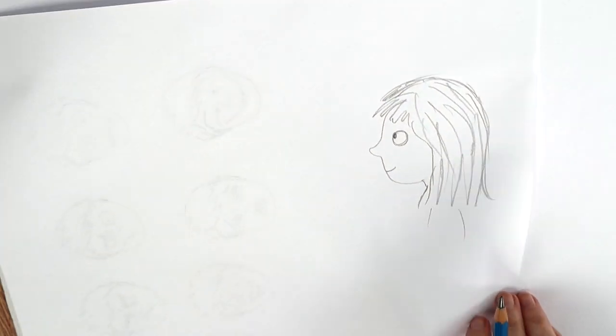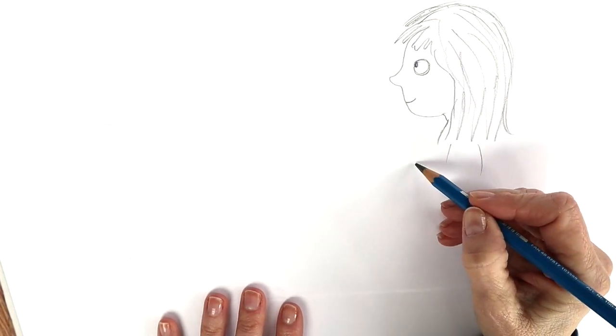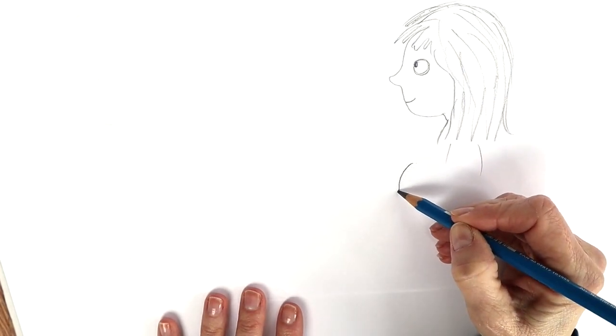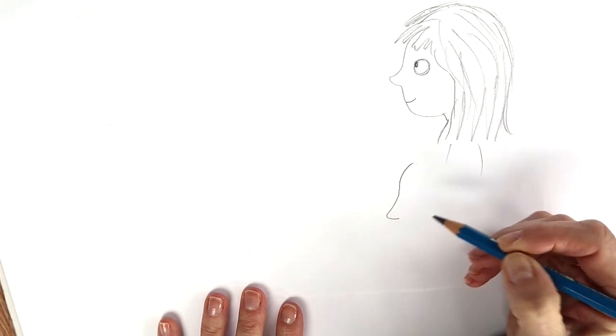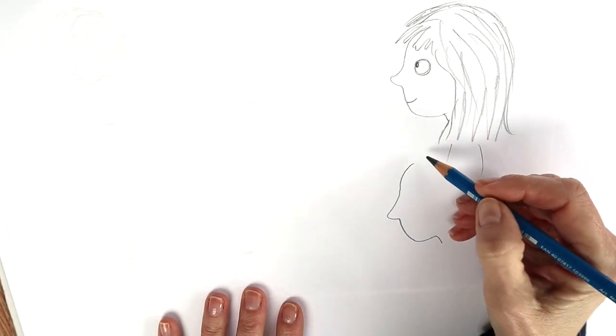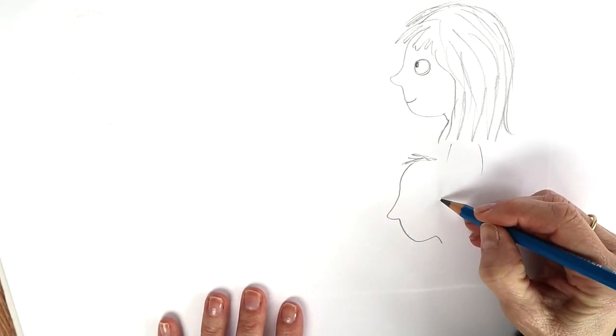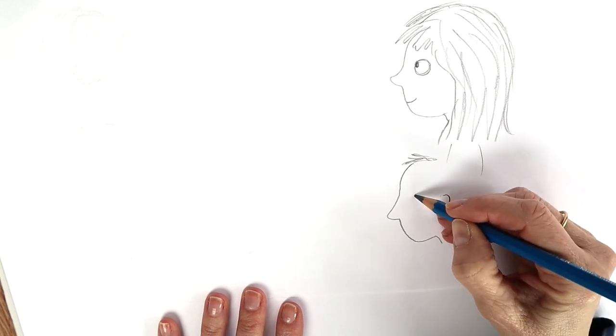If you were drawing perhaps a boy with a longer nose and a bigger forehead, let's start like this. Perhaps it's a man. And he's not got very much hair. Don't forget his ear. Eye.